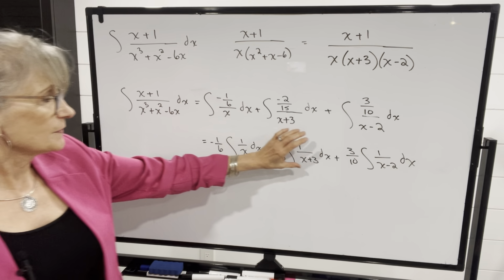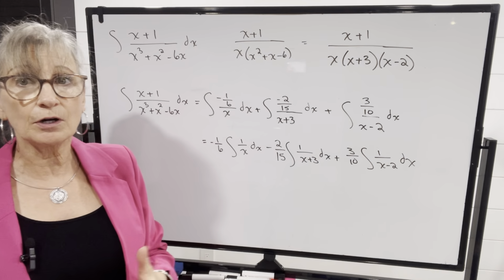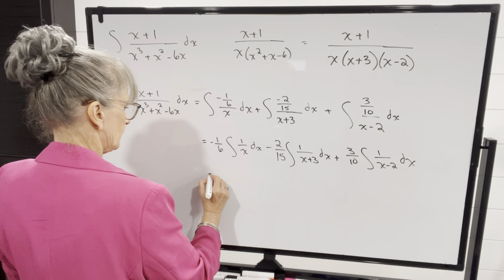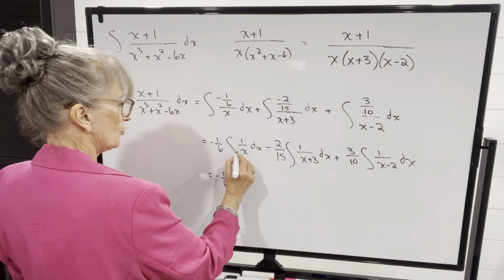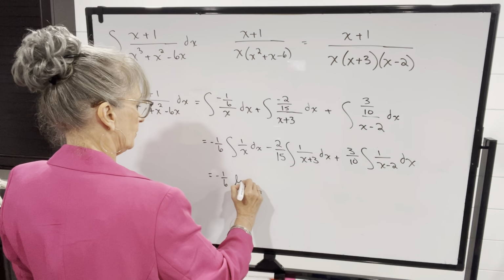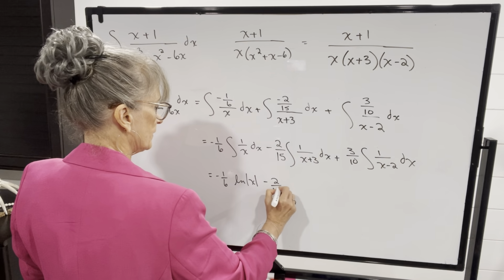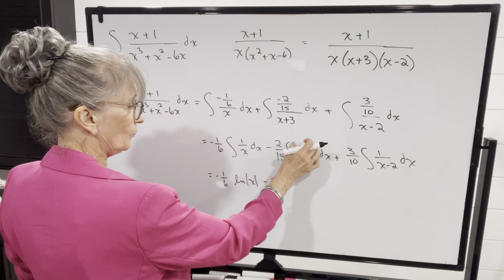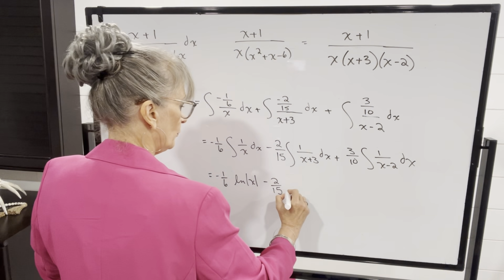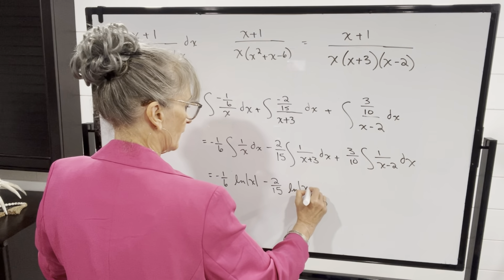Each of these terms can be integrated using our basic log form. So this will be -1/6 times the integral of 1 over x dx, which is the natural log of the absolute value of x. Minus 2/15 times the integral of 1 over x plus 3 dx will be the natural log of the absolute value of x plus 3.